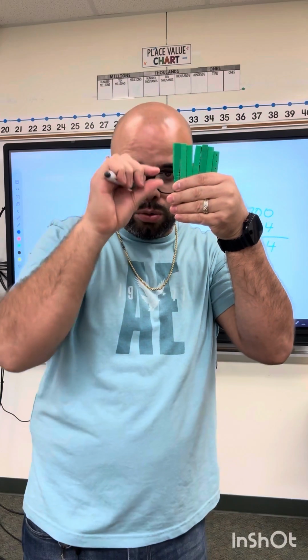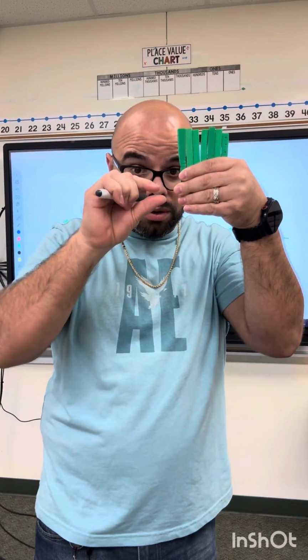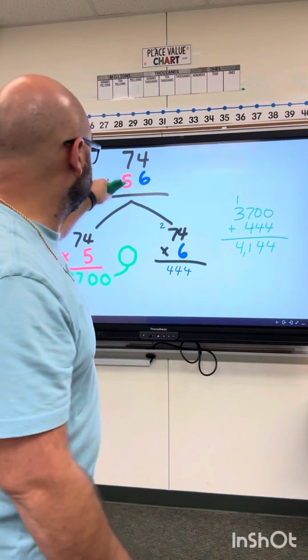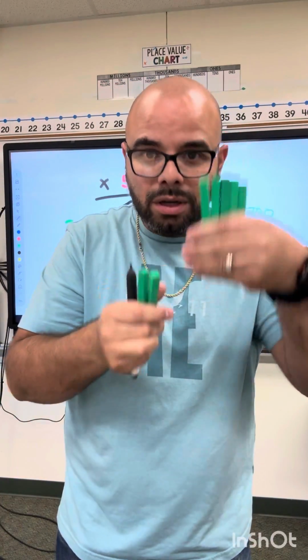They're ones. These are 10s. The little cubes are ones. So I would have 7 10s, 4 ones, times 5 10s and 6 ones. And it'll be the same thing.